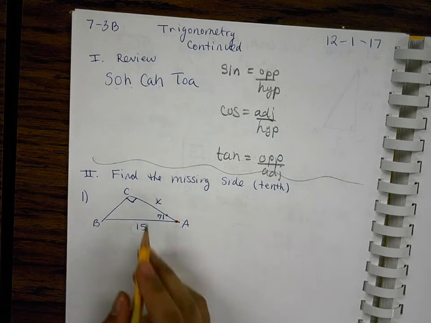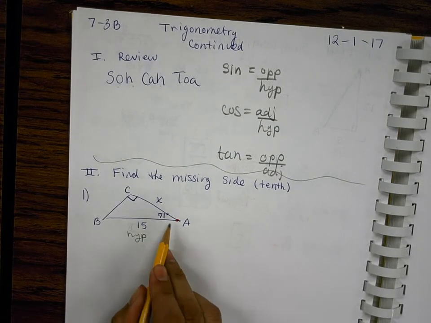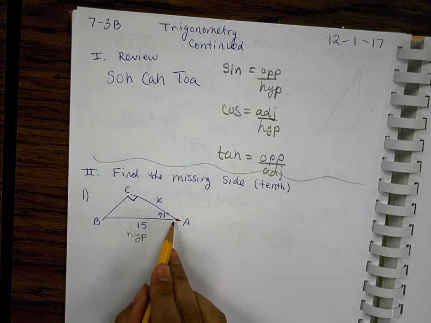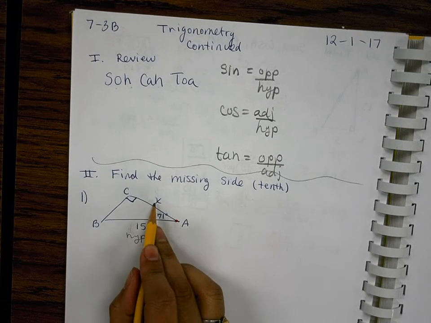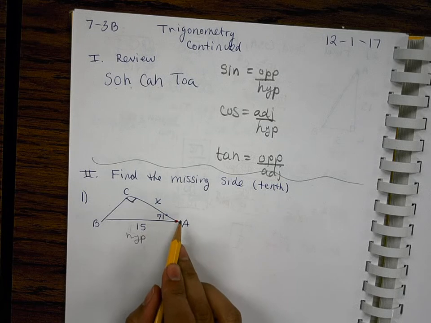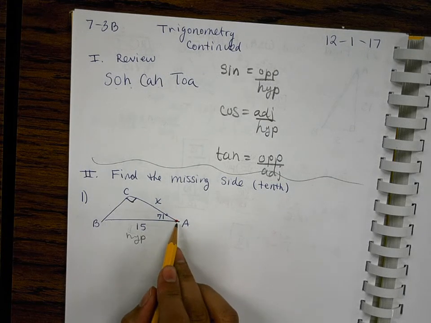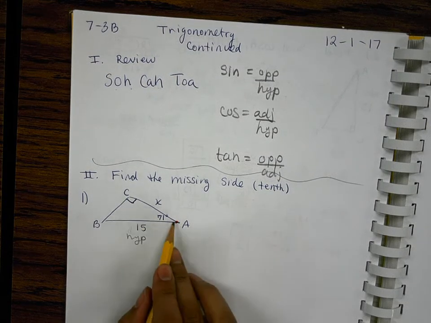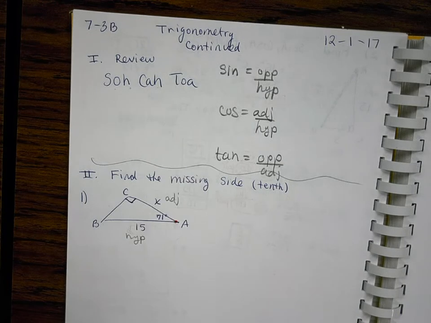Opposite the C is the hypotenuse. In reference to the 71, is X the opposite or the adjacent? In reference to angle A, or angle 71, is X opposite or adjacent? And I'm hoping everyone's saying adjacent.